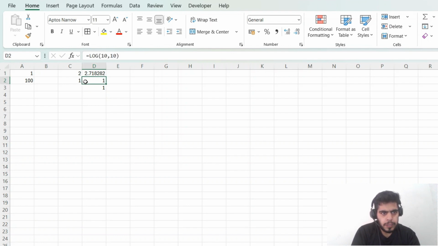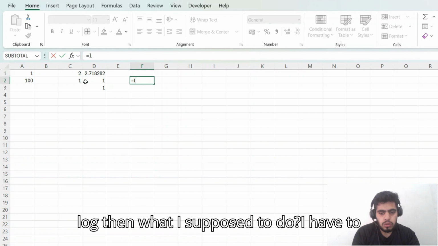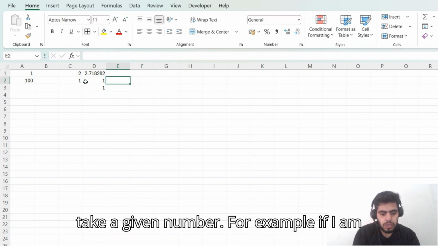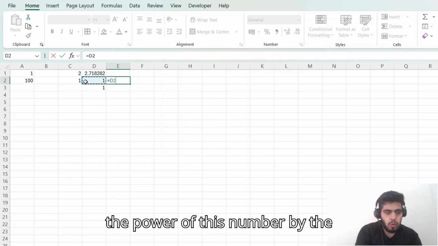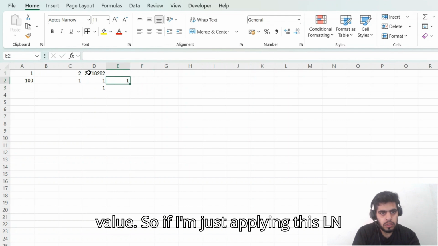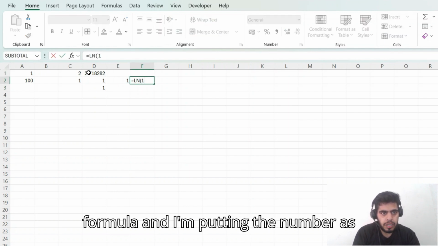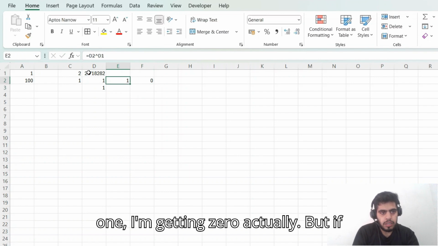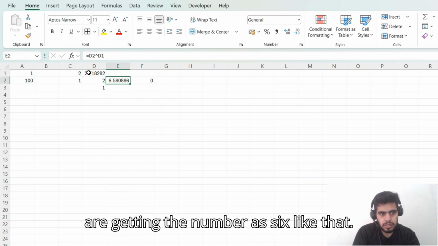But if I want to compute the natural log, I have to take a given number, and the power to which the exponential must be raised to get this number is my natural log value. If I apply this LN formula and put the number as 1, I get 0. If I change the number to 2, I get a different value.